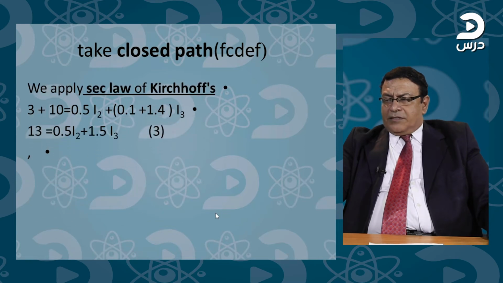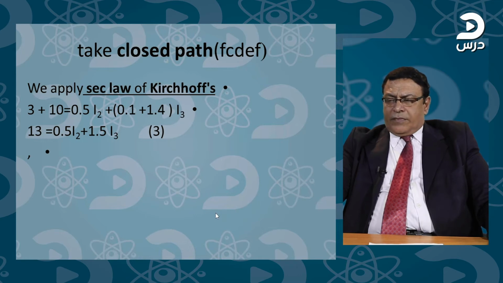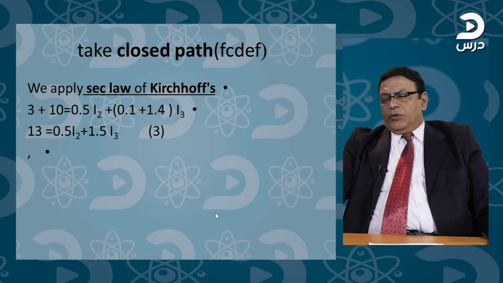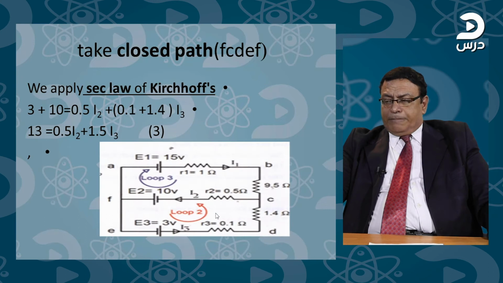تعالوا نشوف الانسرز. Take closed path F C D E F. We apply second law of Kirchhoff. 3 plus 10 equal half I2 plus 0.1 plus 1.4 I3 and I3 pass in both 0.1 and 1.4. So 13 equal 0.5 I2 plus 1.5 I3.